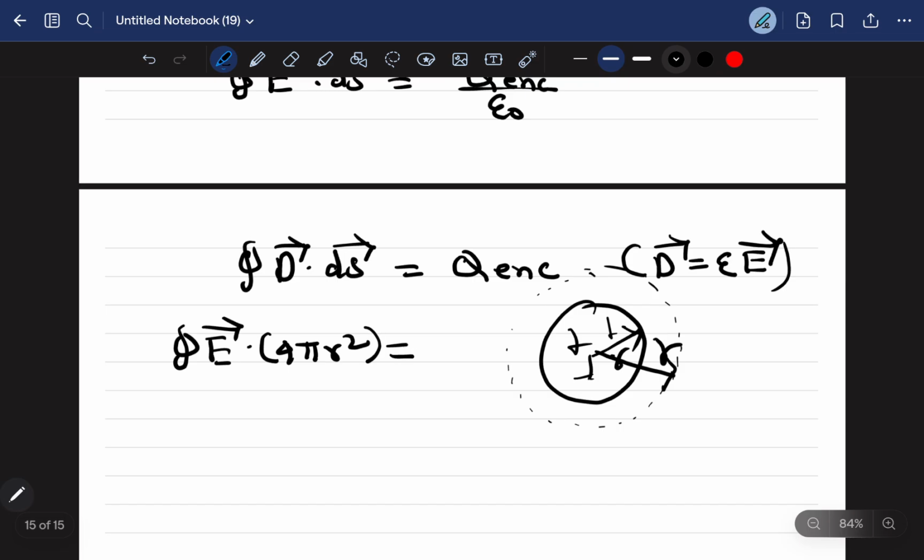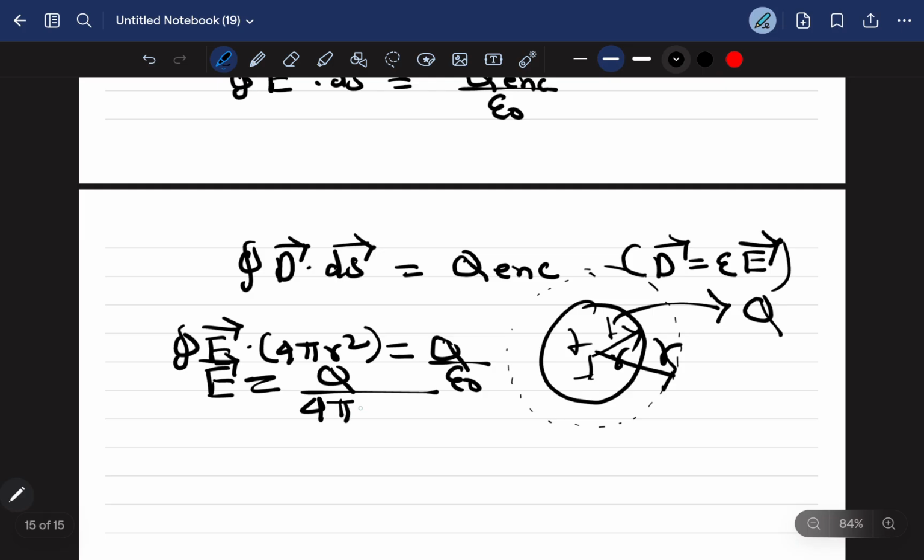The charge enclosed is the total charge enclosed by the Gaussian sphere, which is the total charge Q in this sphere. So E equals Q by 4 pi r square into epsilon naught. This is the electric field.